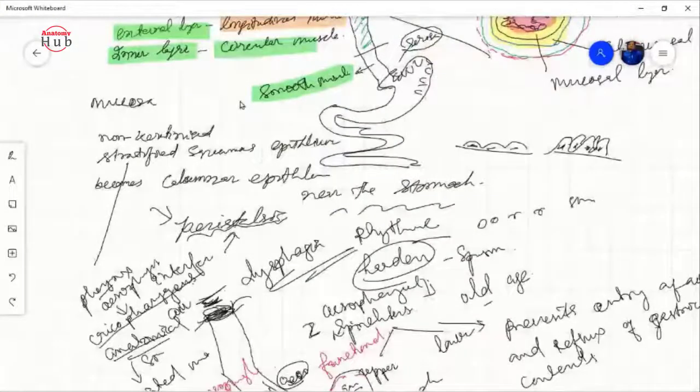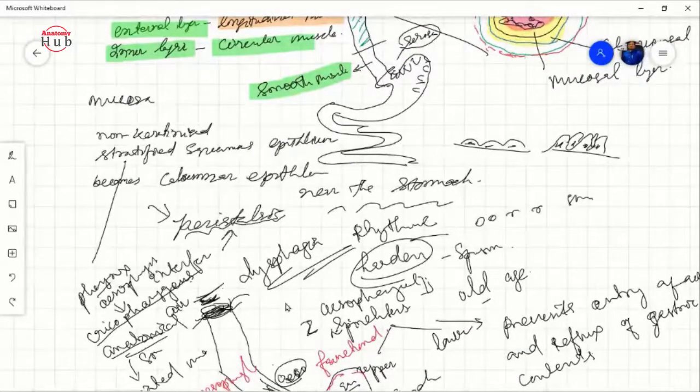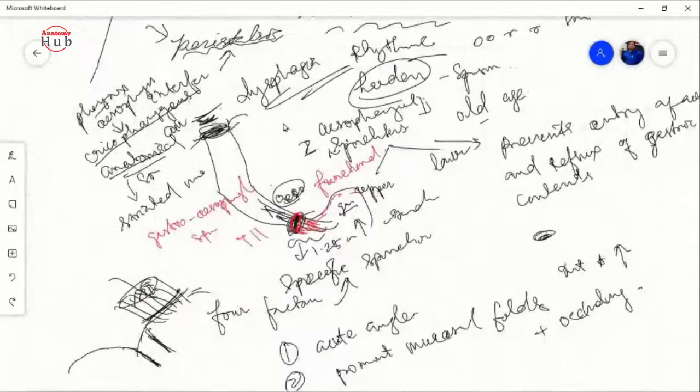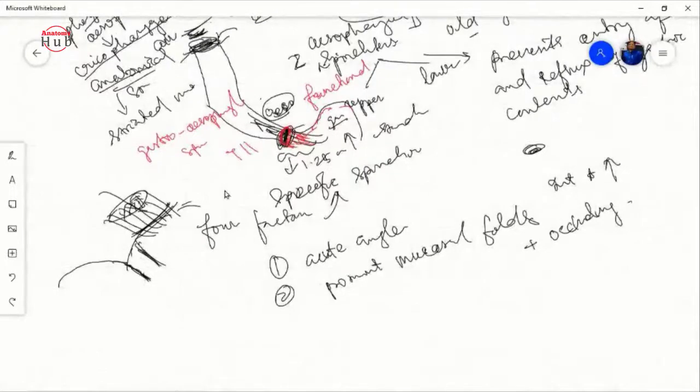We also saw what dysphagia is and how it occurs, and mainly we saw the sphincters, the anatomical sphincter and the physiological sphincter.